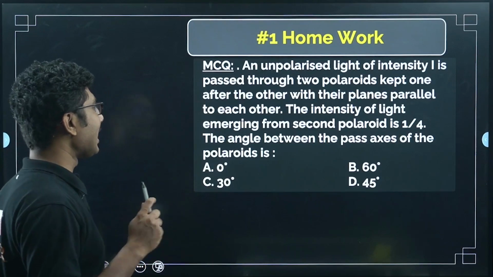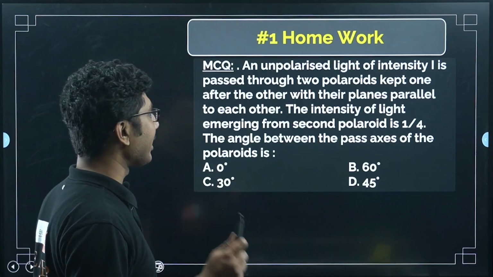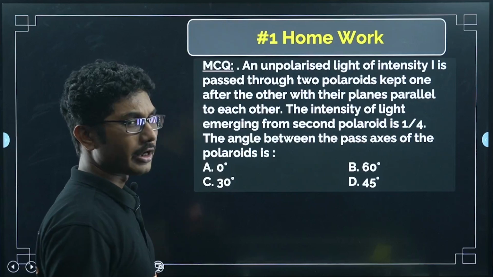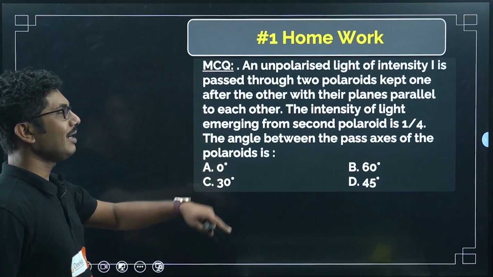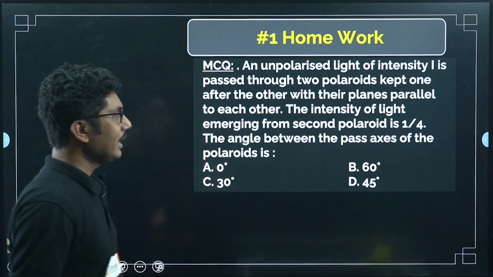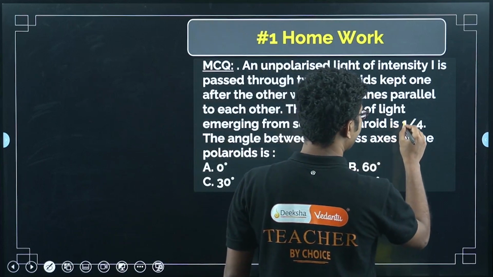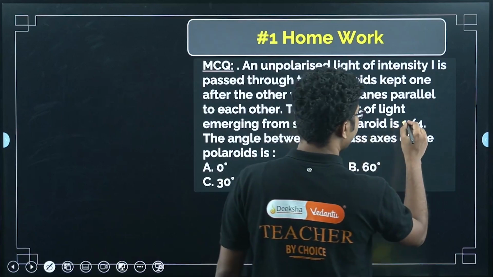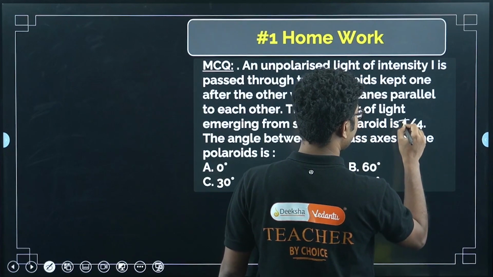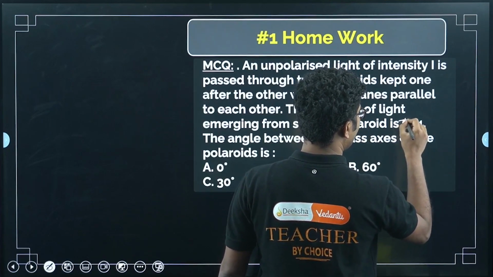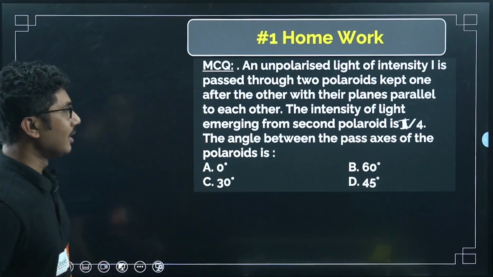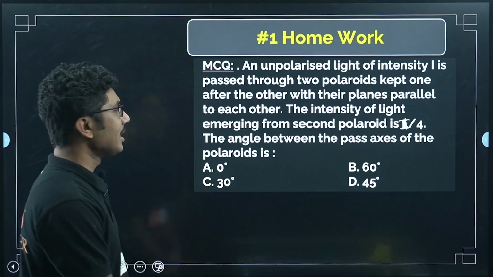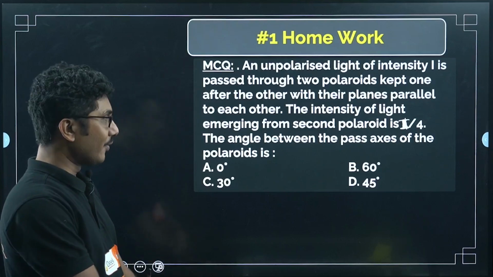The intensity of the light emerging from the second Polaroid is I/4. What is the angle between the pass axes of the two Polaroids? Very interesting question. Try to solve it. Mention what you find.